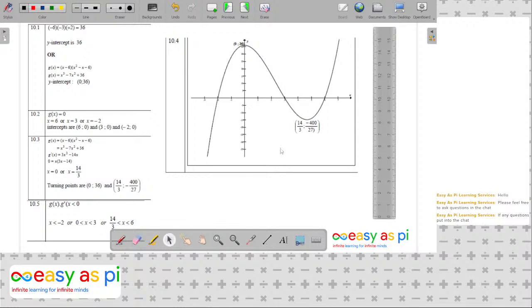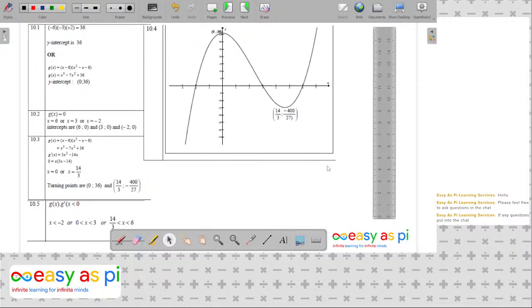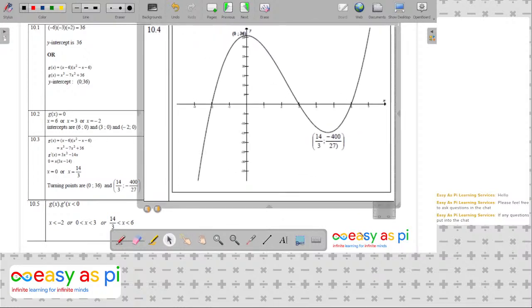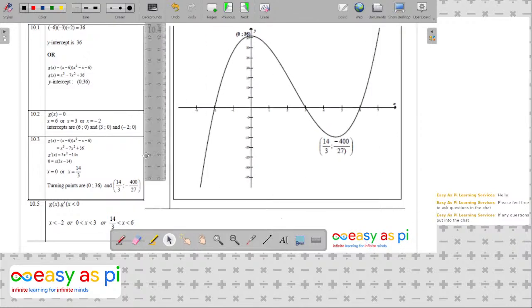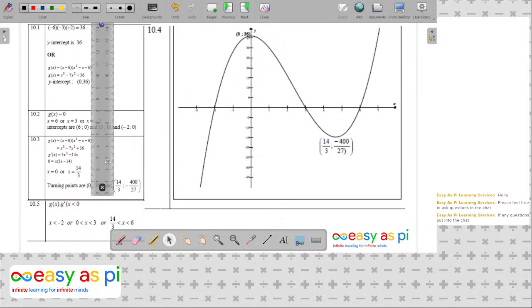For this, we will also need to potentially draw our first derivative. I'm going to make this nice and big. Remember the first derivative, if I'm going to draw it in green: the turning points correspond to the x-intercepts of my first derivative. So I'm going to draw a rough first derivative.